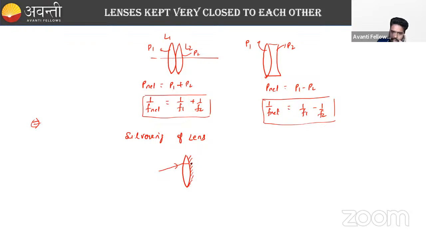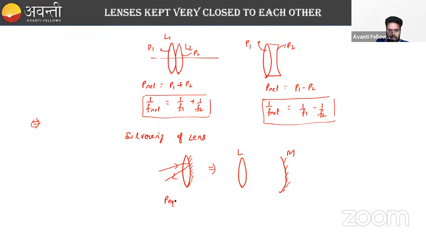Because the second surface is also acting like a concave mirror, finally reflection occurs. If you want to study the combined effect of lens and mirror, we can separate the two. This is our lens and this is our mirror. Firstly there is refraction from this lens, and then reflection from the mirror.